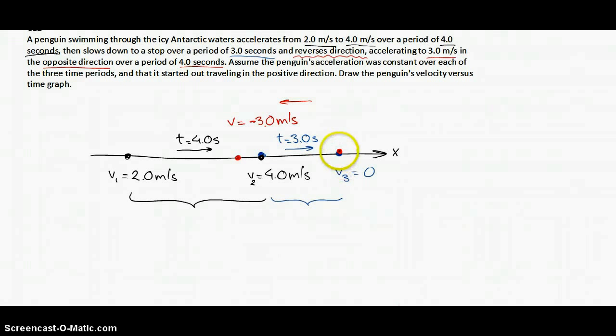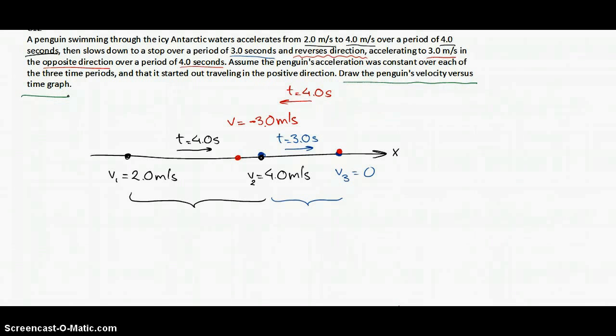Okay, so from velocity equals 0 to velocity equals negative 3 meters per second, and that takes the penguin 4 seconds to cover. And the question is, draw the penguin's velocity versus time graph.